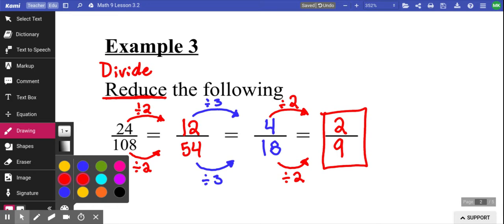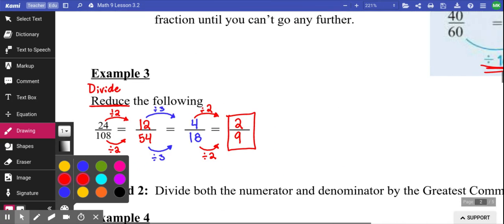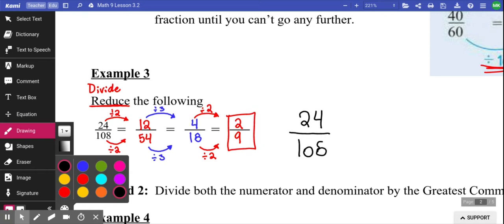Now, that's one way to do it. It's a little tedious and slow, right? Because we had to divide by 2, then we had to divide by 3, then we had to divide by 2. So there's multiple steps to it. You could reduce things faster. The way you reduce them faster is by taking the exact same question, 24 divided by 108, and trying to figure out if there's a bigger number you could divide them by.